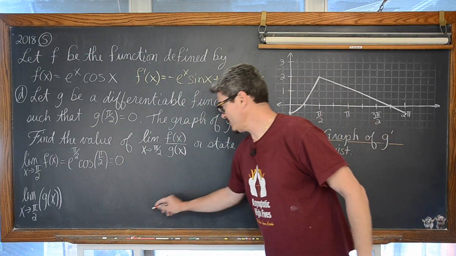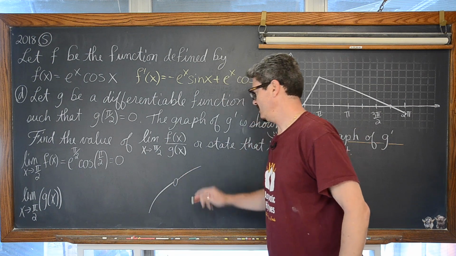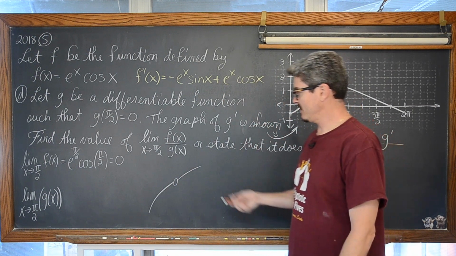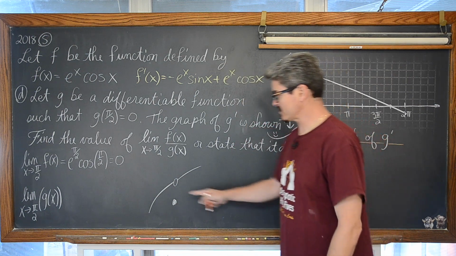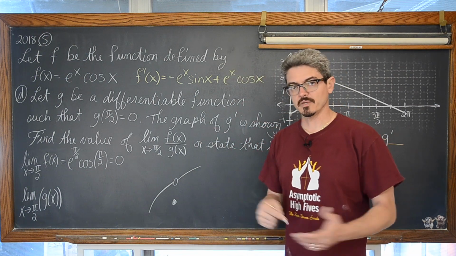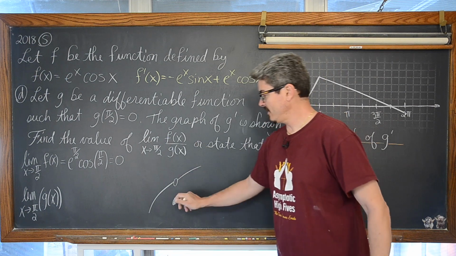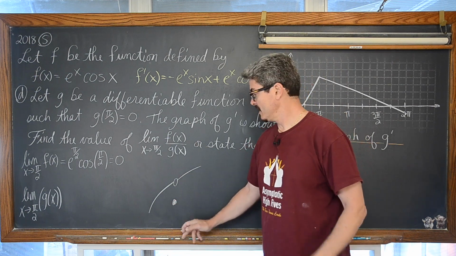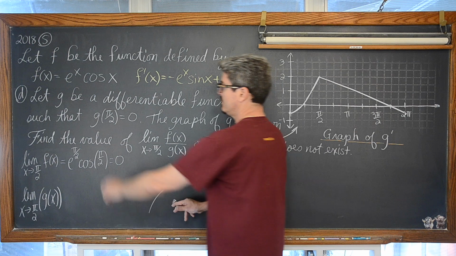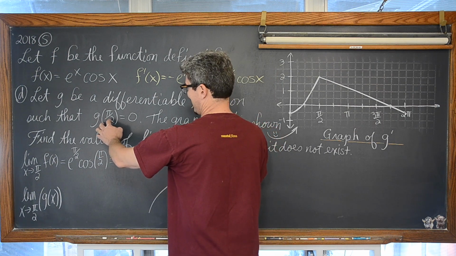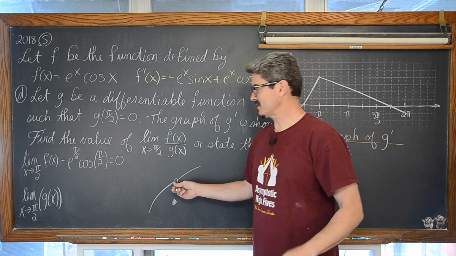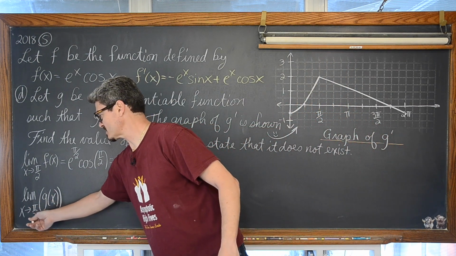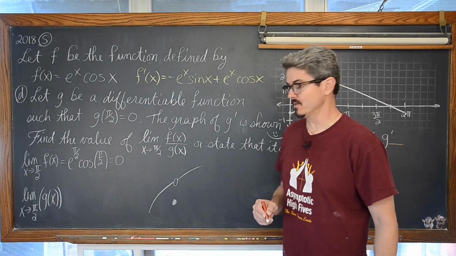Well, how much did I have to beat it over my kids' heads in chapter 1 that a function's value and a function's limit value do not have to be the same, as long as the left and right-hand limits are equal. The two-sided limit exists, but the function can be defined somewhere else. So just because we know that g of pi over 2 is equal to 0, that doesn't mean that we know what the limit as x approaches pi over 2 of g of x is equal to.